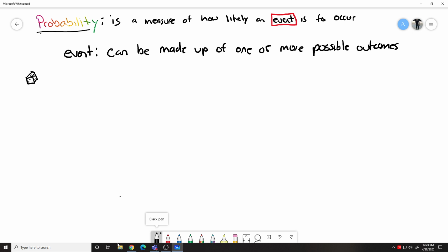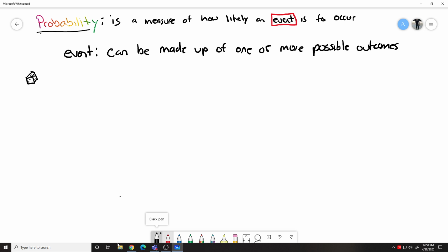So if we're talking probability, we would want to measure how likely the desired event is to occur. Let's say that I want to roll a 3. So we would talk about what's the chance of me actually getting a 3 when I roll a dice.